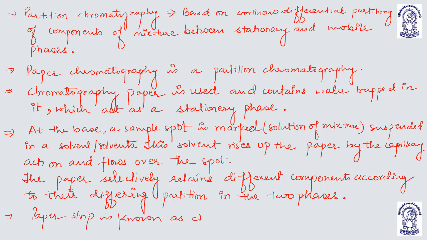The one which more deeply wants to be a part of the stationary phase will stay there only, and the one which is more soluble in the moving phase will go with the moving phase.